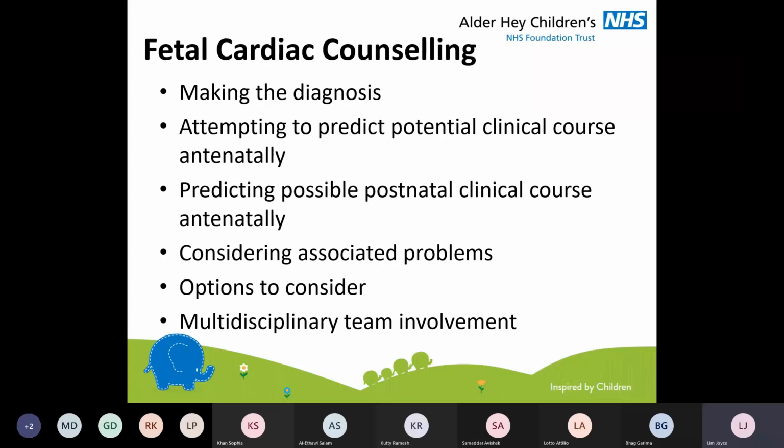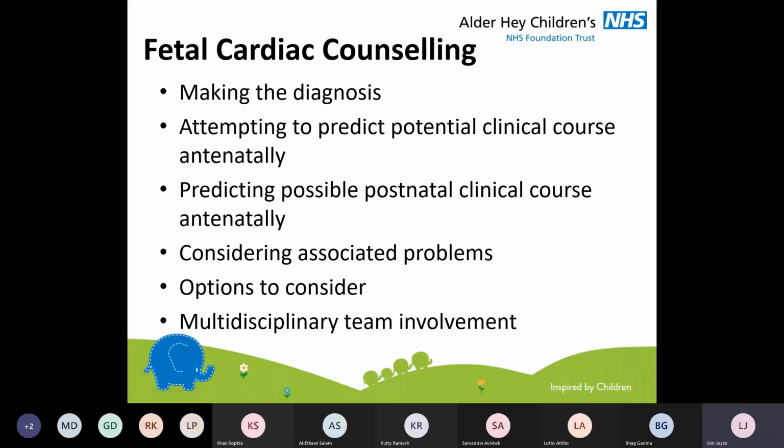And even for tetralogies, although things may go all right, the pulmonary arteries may grow all right, it is difficult to guarantee them that this child will only ever have one surgery in the child's lifetime and may not need other surgeries in the future.